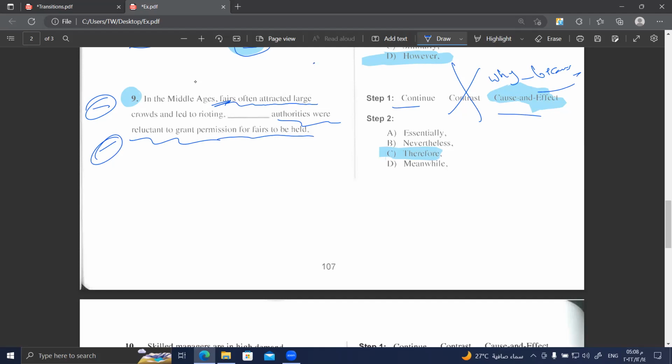It gives the reason why authorities were reluctant. Reluctant means unwilling. Why were authorities unwilling to grant permission for fairs? Because fairs attracted large crowds and led to rioting. So why-because works, it cannot be continue. The only cause and effect word is therefore.